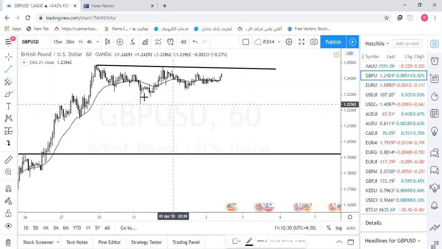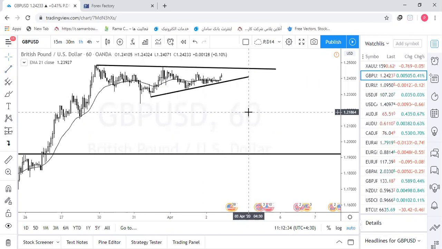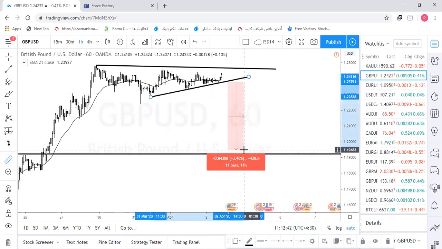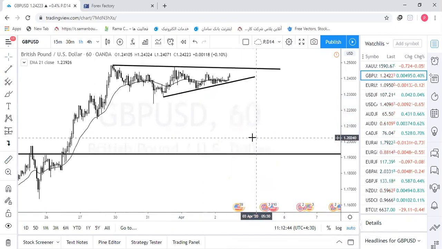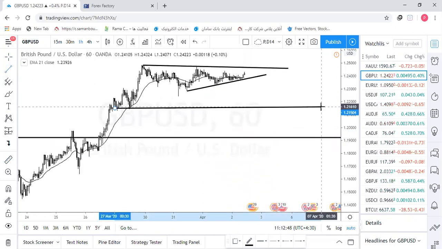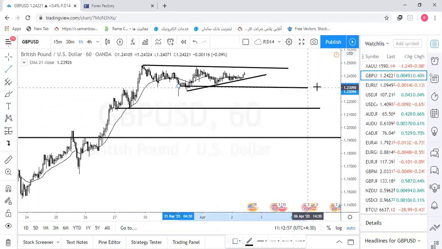And I see price is making higher lows. So for me, if price breaks the higher lows, it will come down to this area at most. Okay, we have this area at first, and even before that we have the last higher low right here.